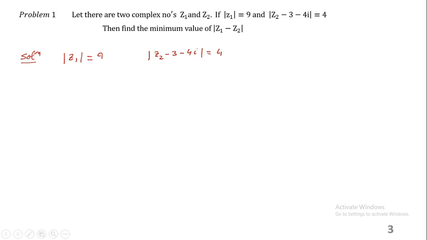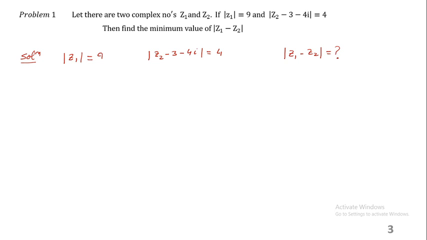We are not given the magnitude of z2. And he is asking for the minimum value of the magnitude of z1 minus z2. He is not asking for z1 minus z2, he is asking for the minimum value of its magnitude.